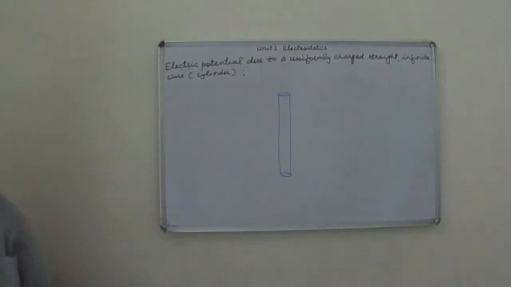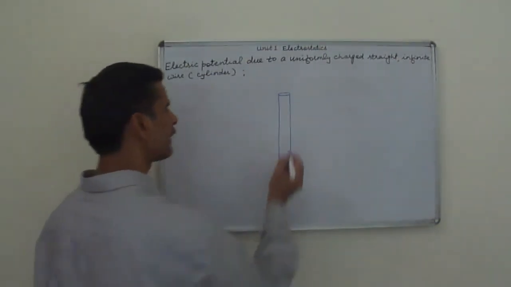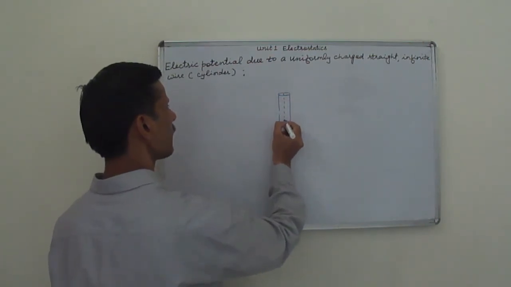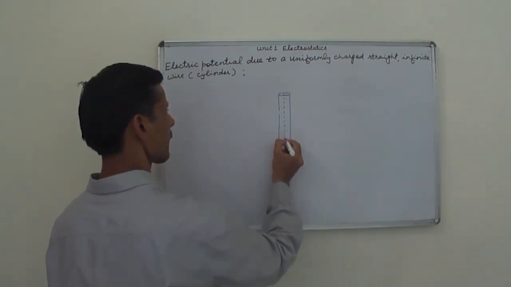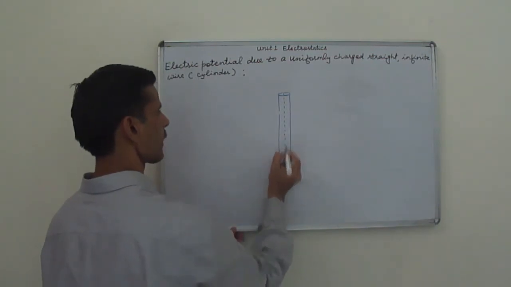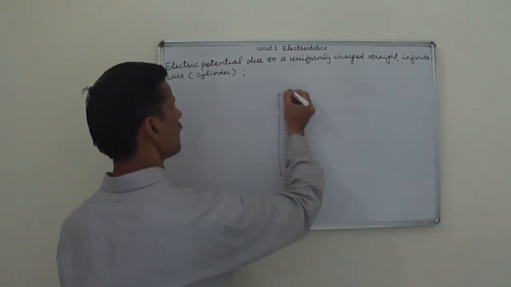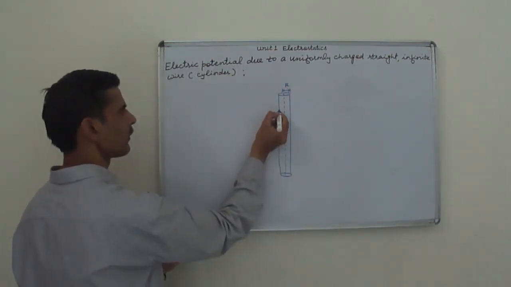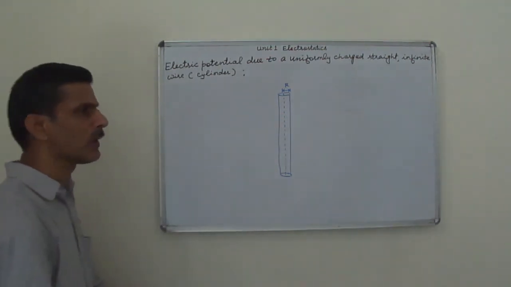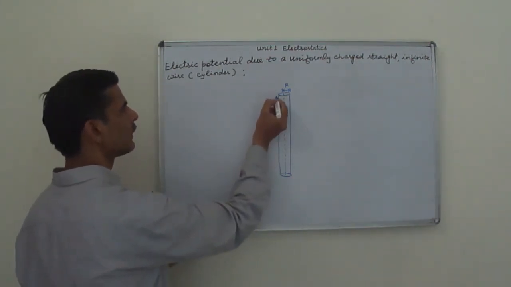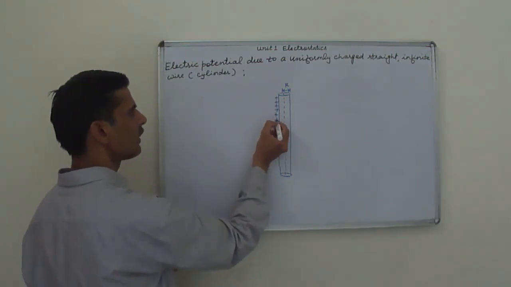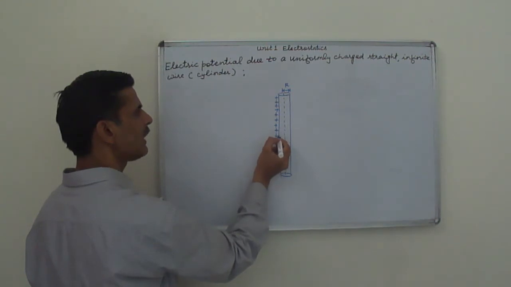It is very long, theoretically infinite, and say this is the axis of the cylinder. And the radius of this cylinder is capital R. And it is uniformly charged. Say positive charge is distributed uniformly with linear charge density lambda.